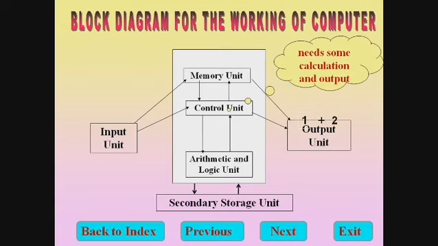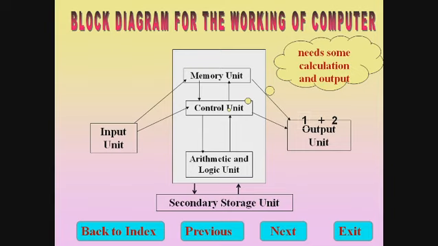Echo printing means whatever you type using keyboard, it gets reflected to your output device, that is monitor. That means you get an echo or reflection of your input on some output device.